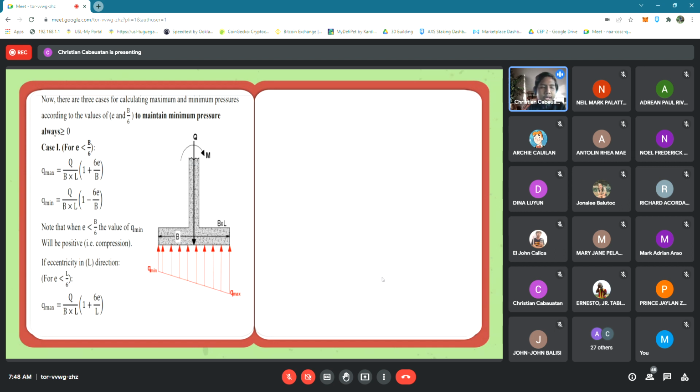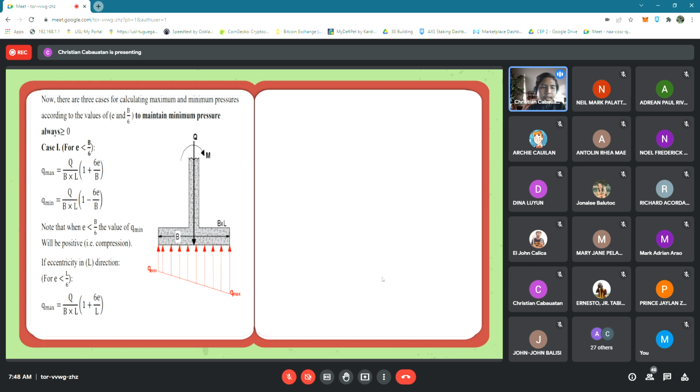So, when eccentricity is less than 1/6 of its width, no? The value of Q minimum will be positive for compression. Okay? Dapat po yung kanyang Q minimum would be positive kapag ito ay compression.